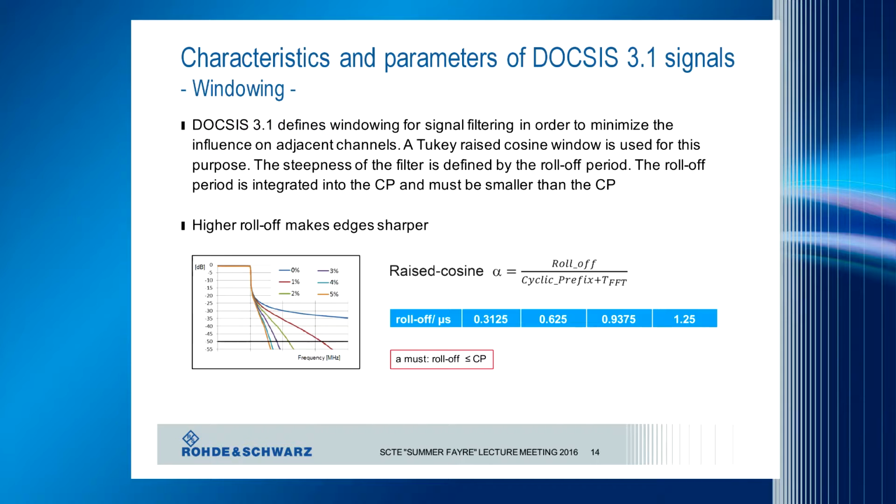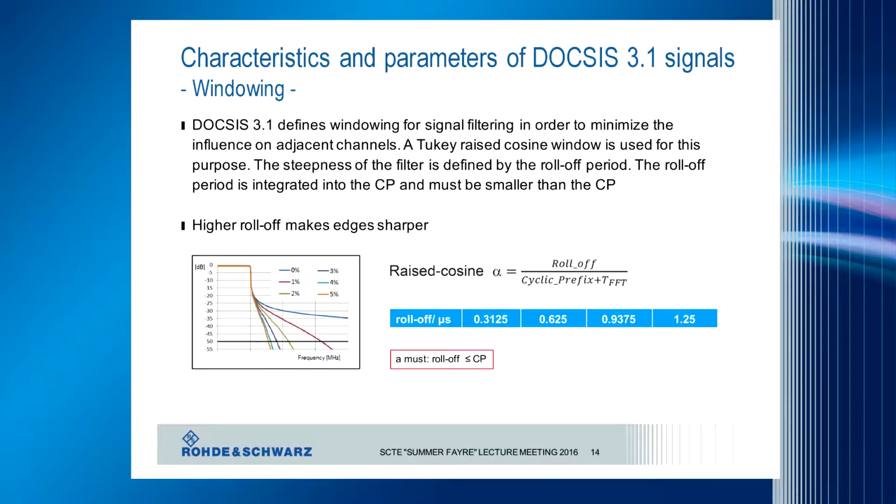If you have a look at the channel plan and the number of channels, you can fill up the spectrum at a very high density, but then you must be aware that the channels don't interfere with each other. To avoid this, with OFDM, as also with DVB-C, we have a kind of roll-off or filtering.